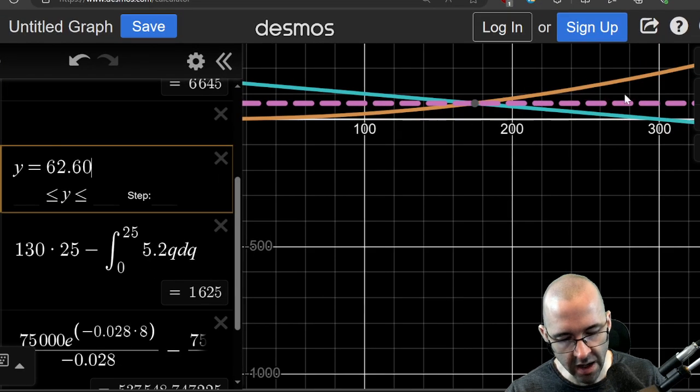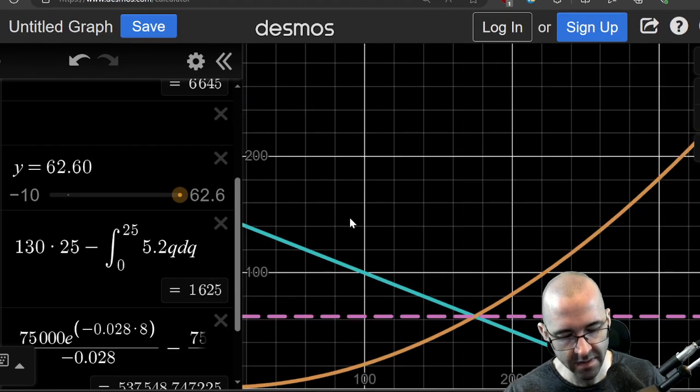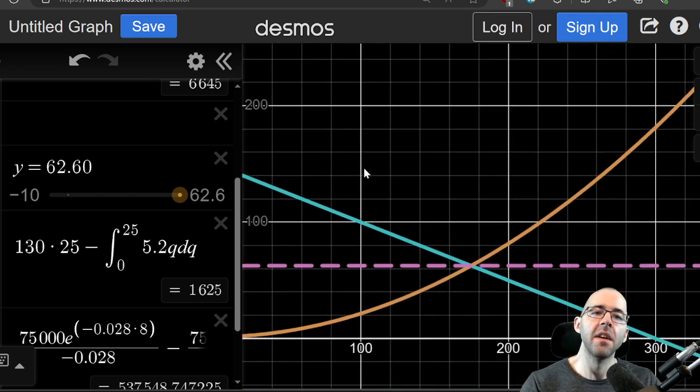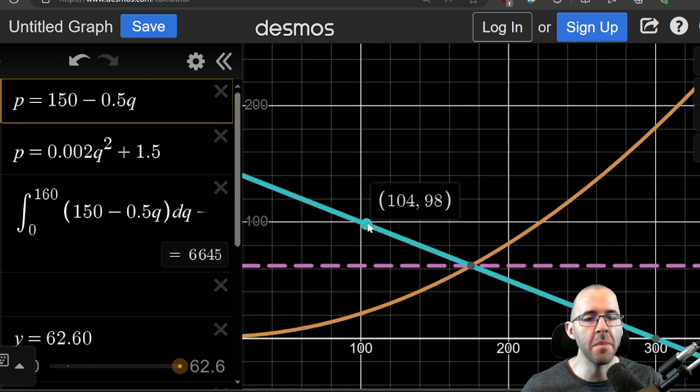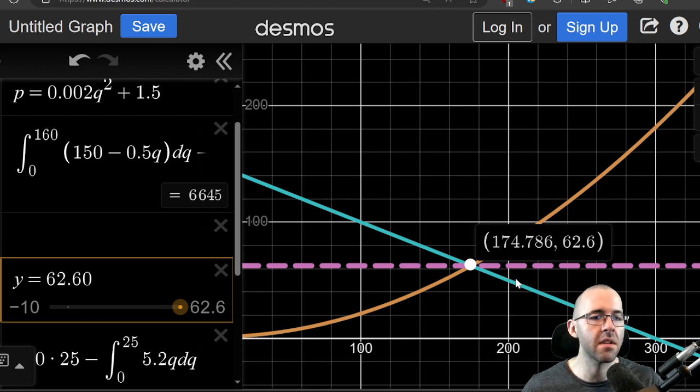So remember what this is all about. Consumer surplus is the area under demand over here. But as soon as we cross that equilibrium point, this area becomes negative. That's why our consumer surplus is going to be smaller. Consumers are saving less money over there.